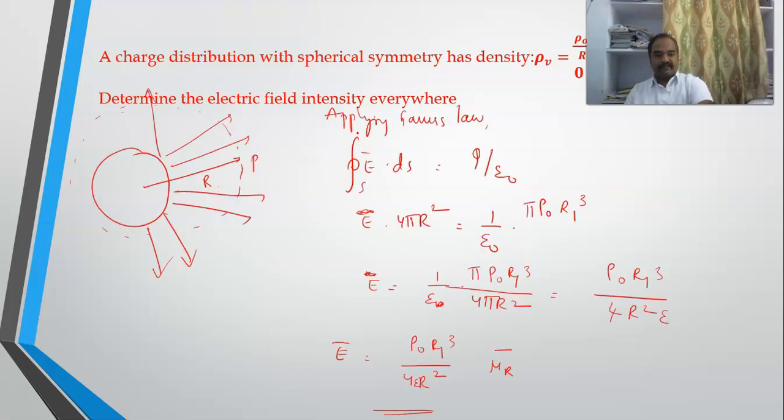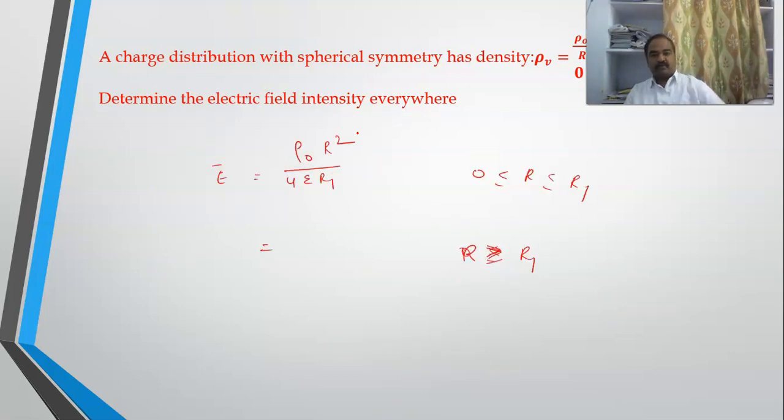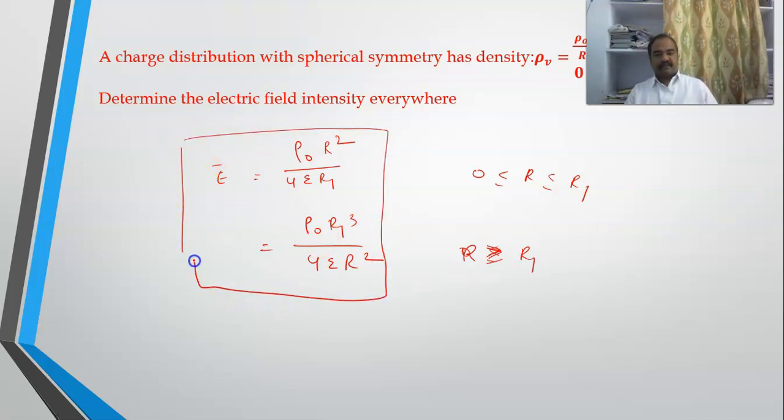Now for the second case, we have already done it: rho naught r1 cube by 4 epsilon r square. So this is the equation for electric field intensity everywhere due to a charge distribution with spherical symmetry given by this particular equation. Okay, that's it for this one. We will do the next problem in the next video lecture. Thank you.